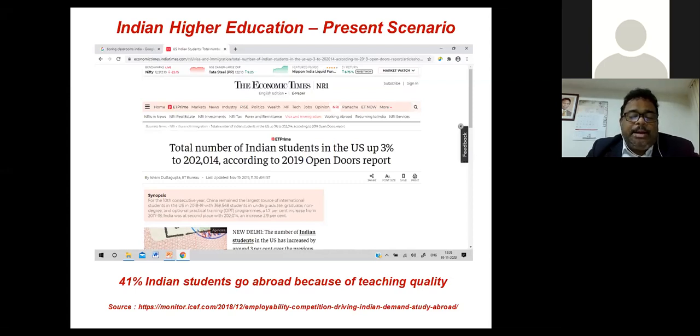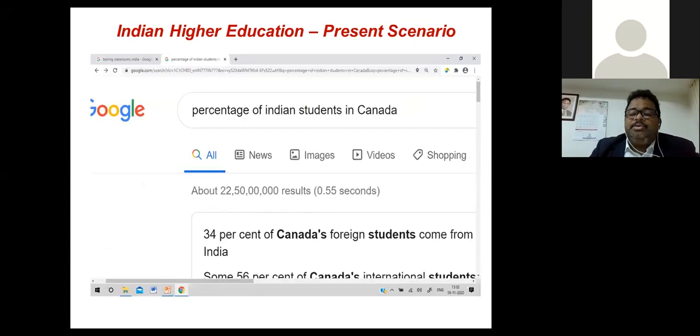Another statistic I've seen is that 41% of Indian students go abroad because of teaching quality. Some people say they go because of earning in dollars and settling. It is happening, but many students are coming back. And when they go, it is not that they always think of earning in dollars. Actually, 41% of students are saying that we are going for teaching and learning, the teaching quality in those countries.